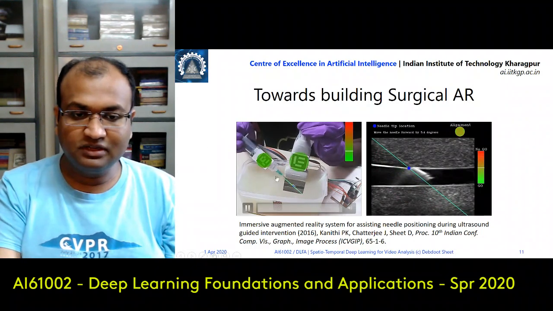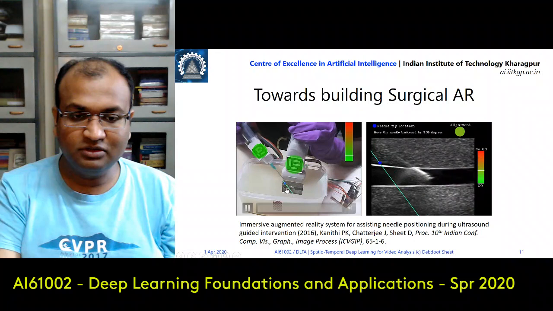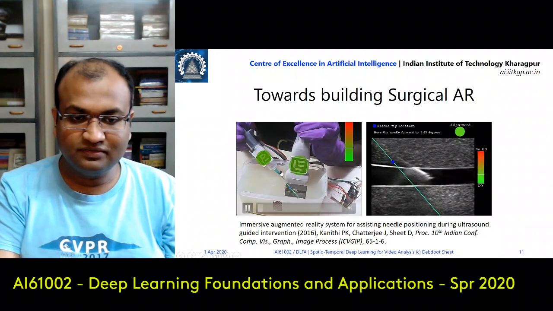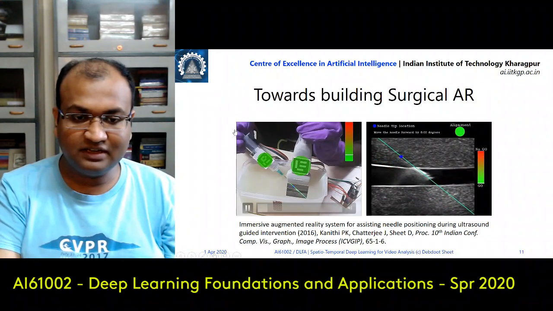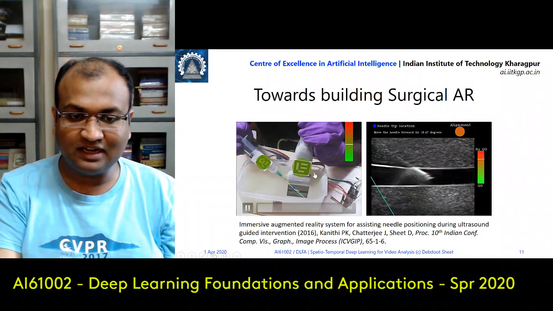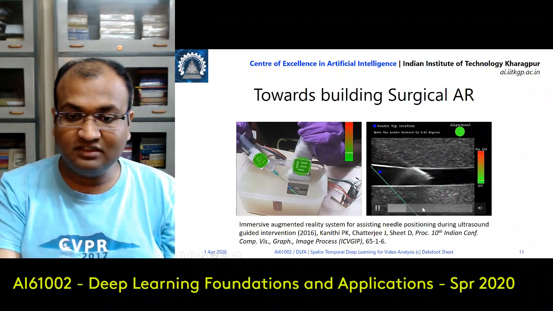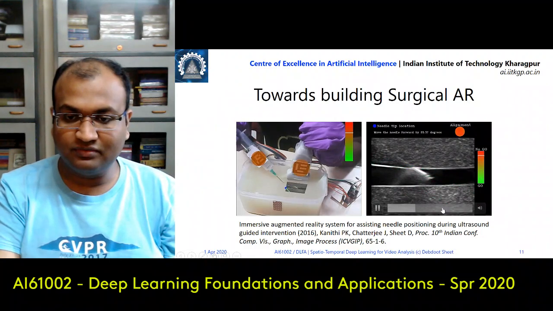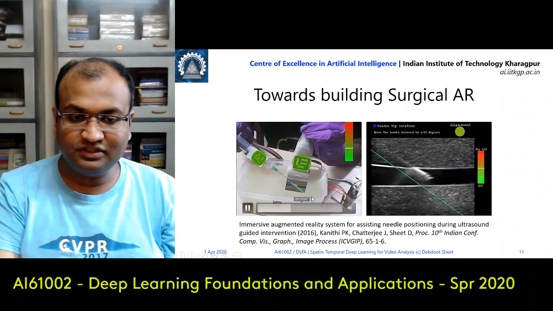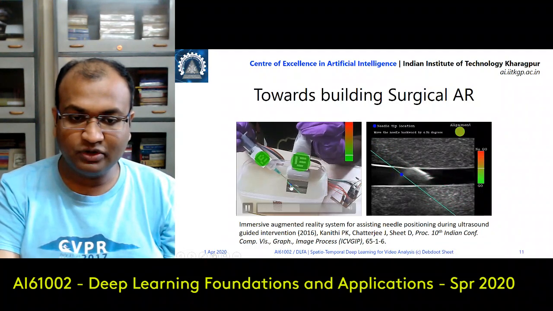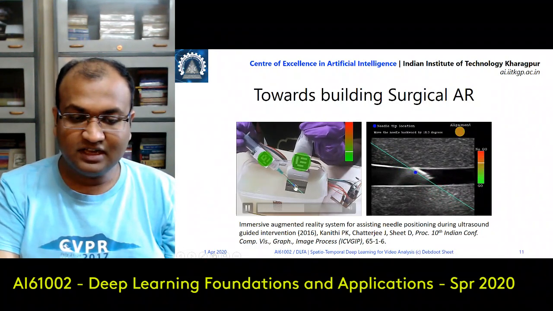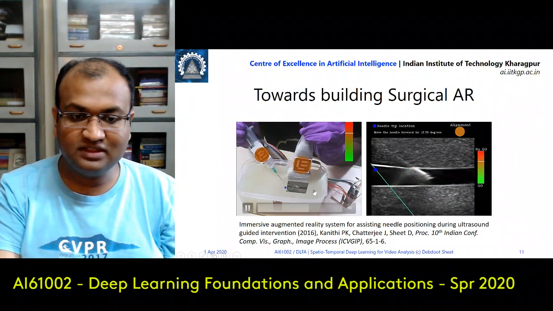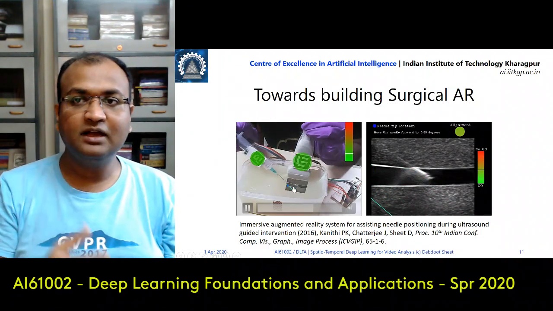Now when you are able to do this, the needle of the syringe is in line with the axis over here, and that is tracked and can be displayed over here. So this is what is getting displayed in terms of the actual image frame, and what you see is that this whole image frame with the actual needle pointer and the trajectory and everything is now aligned with the probe over there.